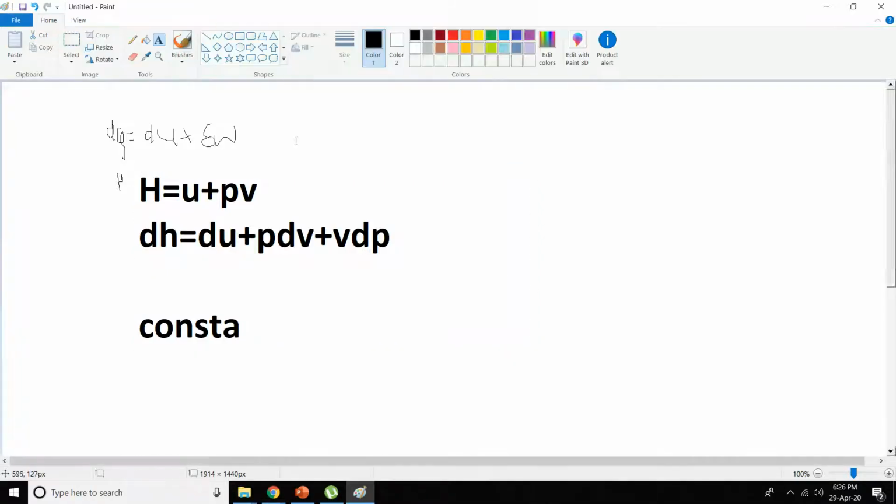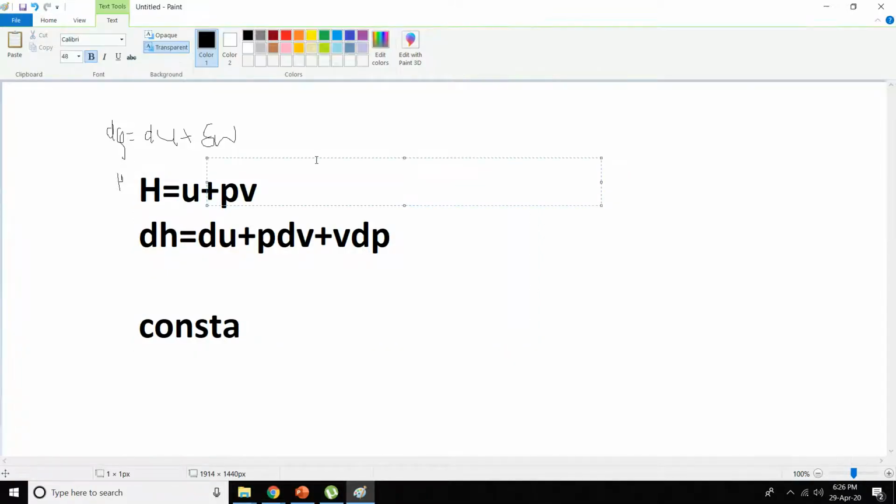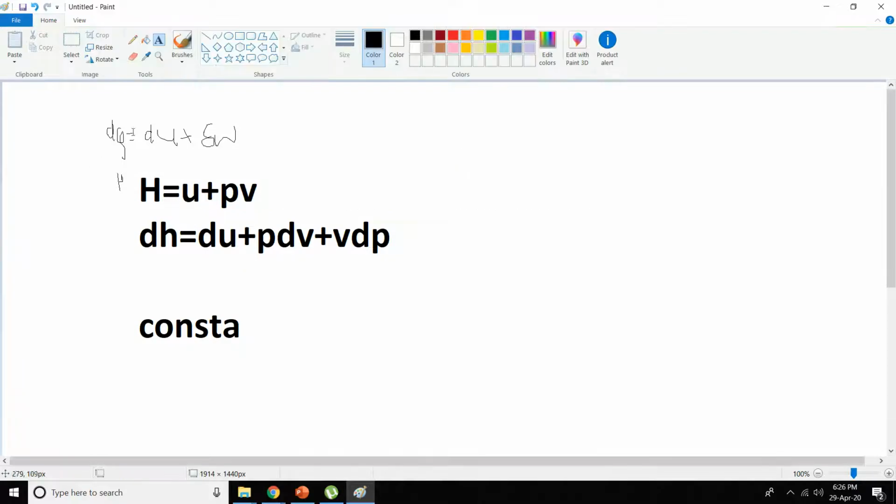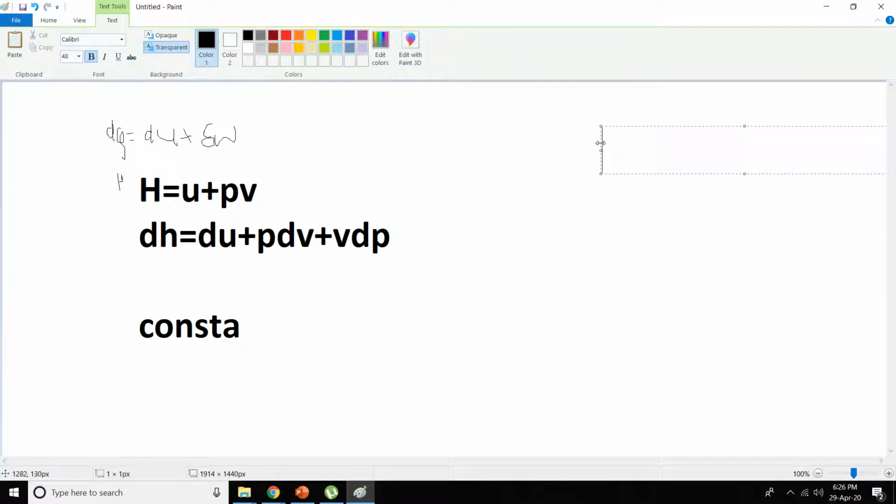Okay guys, so we have this equation on this side, and we have another equation, dQ is equal to dU plus dW.